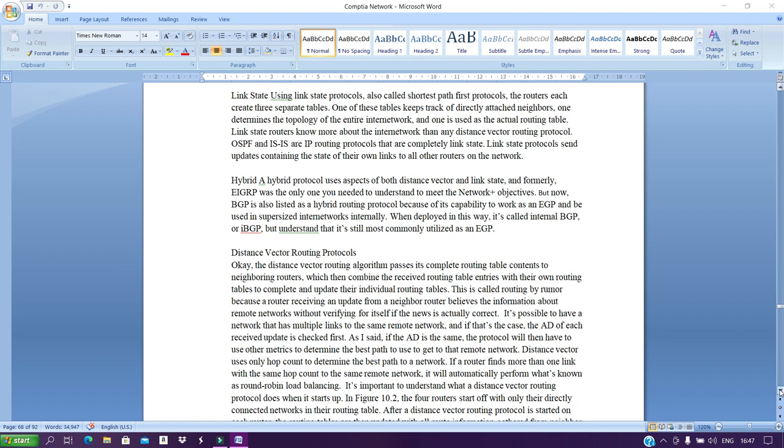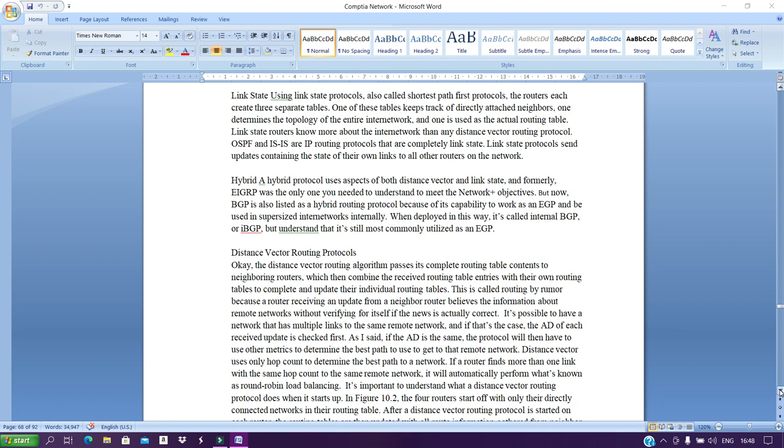Link state routers know more about the internetwork than any distance vector routing protocol. OSPF and IS-IS are IP routing protocols that are commonly link state protocols. Link state protocols send updates containing the state of their own links to all other routers on the network.